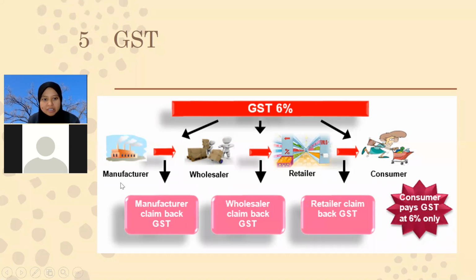It is imposed on all levels of the supply chain. The manufacturer will impose GST on the buyer, which is the wholesaler. Whatever GST was paid by the manufacturer during the purchase of raw materials will be claimed back here. So the manufacturer will impose tax on the wholesaler, and at the same time claim back whatever GST they paid when they purchased raw materials, paid for electricity, and paid for rental.